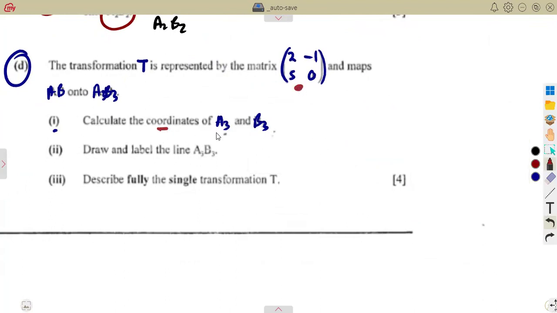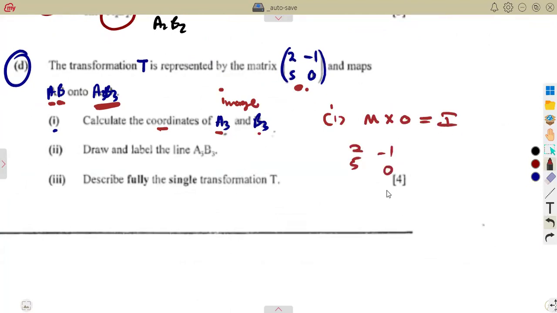As we need the coordinates of A3, B3, which is the image, having the matrix and AB, which is our object, it's enough. Because we do understand that the matrix, when multiplied to the object, we're going to have the image. That is the matrix 2, 5, minus 1, 0 times the object, which is the line AB.